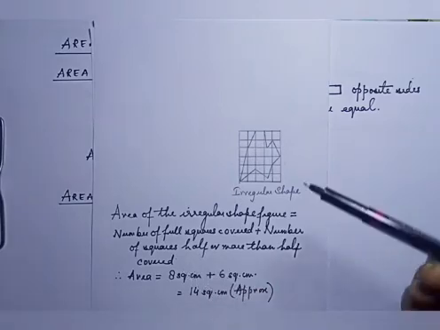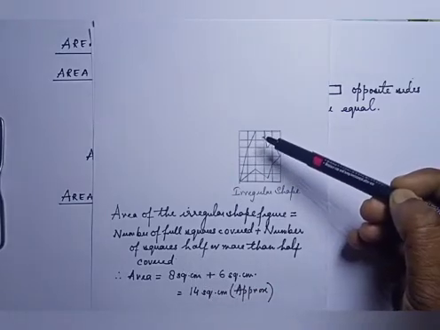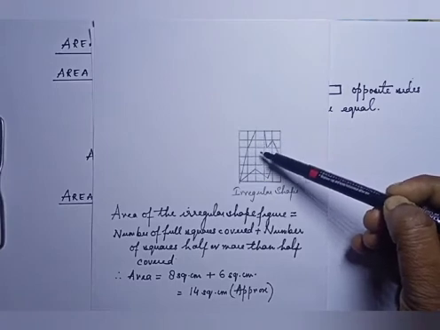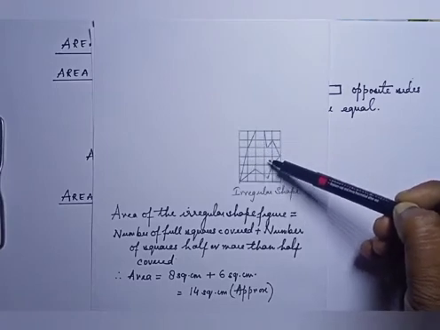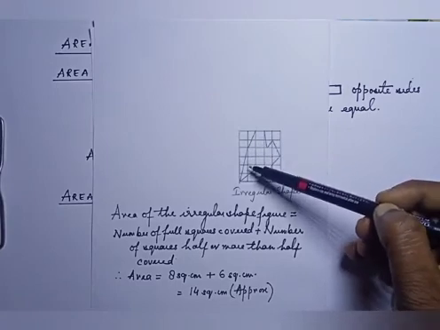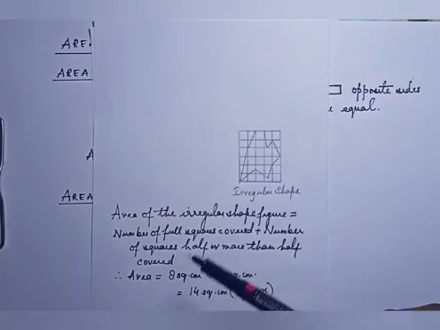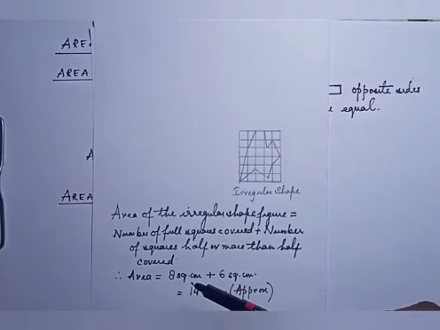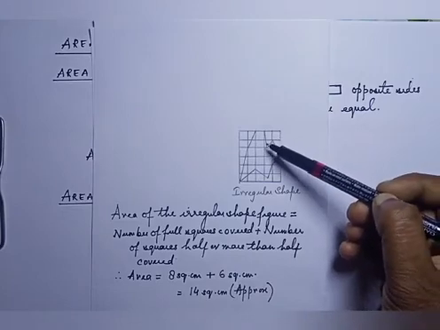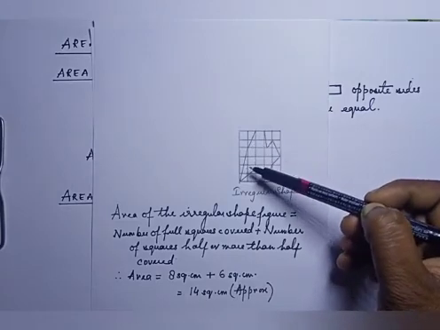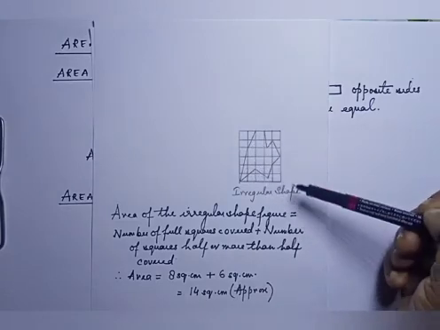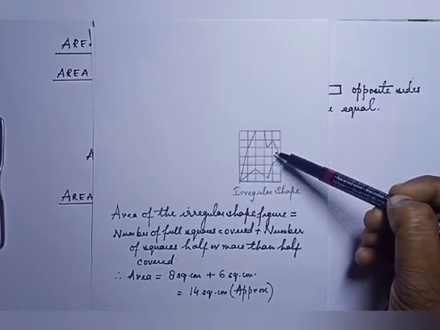So over here you can see that the number of full squares that are covered is 1 2 3 4 5 6 7 and 8. So we can write that the number of full squares covered is equal to 8 centimeter square, and the number of half or more than half squares covered will be 1 2 3 4 5 and 6. So it will be 6.